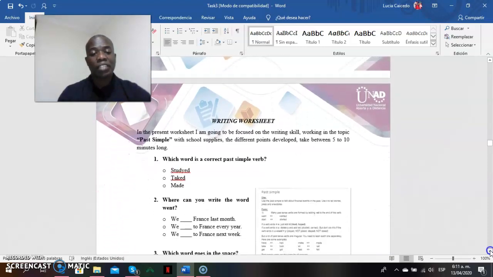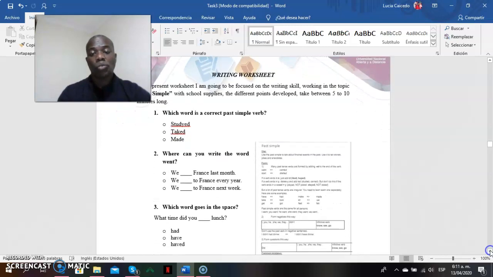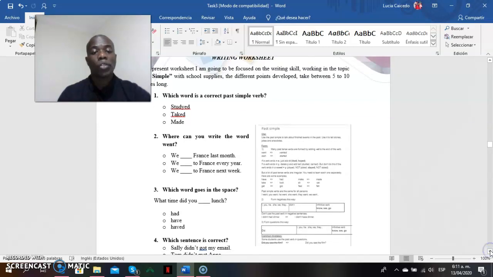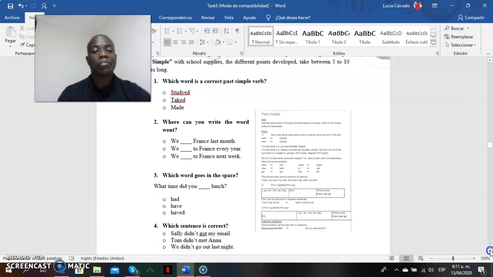This activity is the writing worksheet. In the present worksheet, I'm going to focus on the writing skill, working on the topic past simple with school supplies. The different points are developed taking between 5 and 10 minutes.